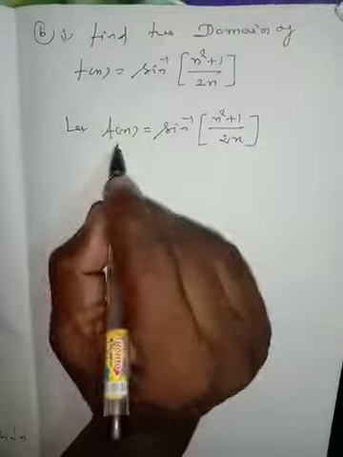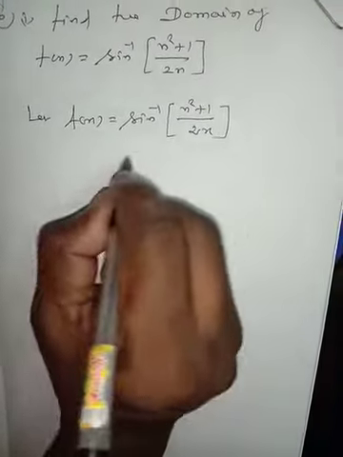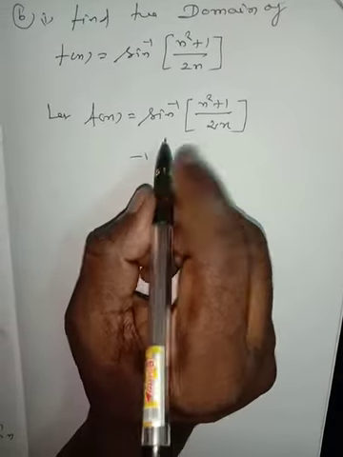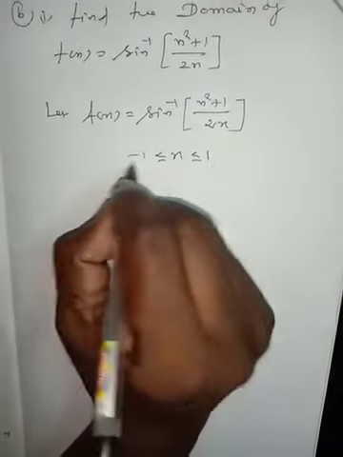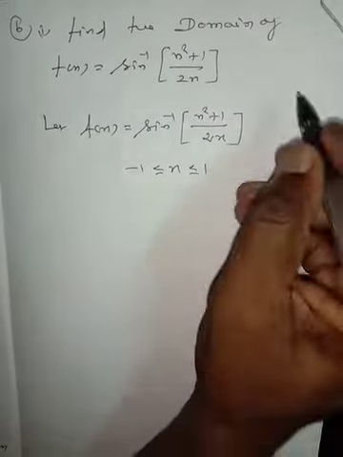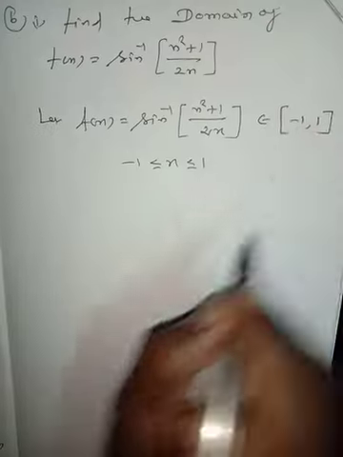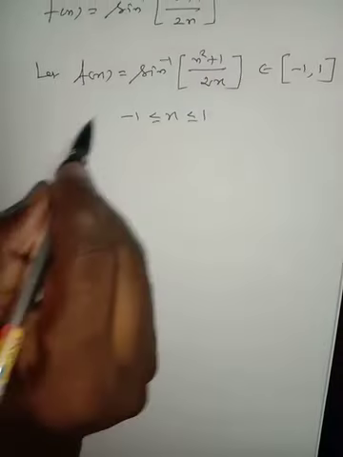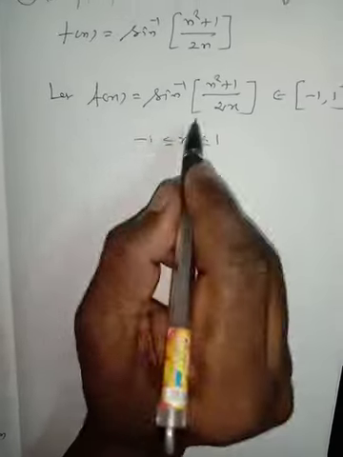The range of the sine inverse function is between minus 1 and 1. So this belongs to minus 1 comma 1. Now this can be written as f of x is given.